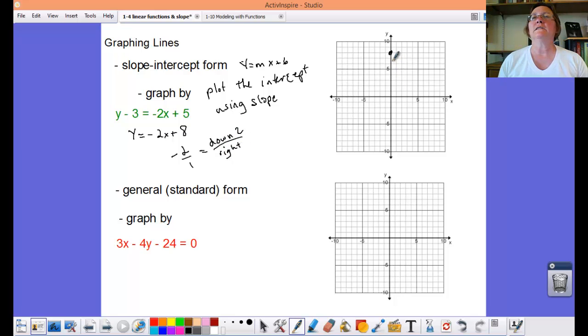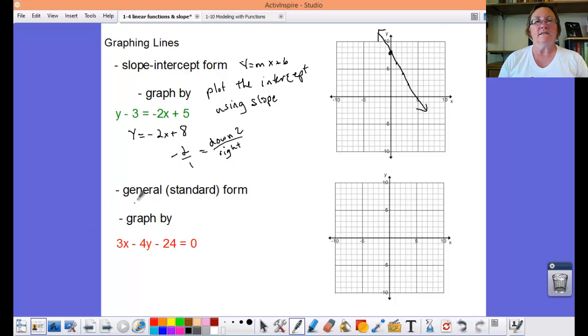So to find other points on the line, down 2, right 1, do that a couple times so that you get a good look at where the pattern is, and then plot the line. From geometry, you'll remember that any line can be plotted by knowing 2 points. In fact, we could have plotted this line just with the intercept and having applied the slope one time.